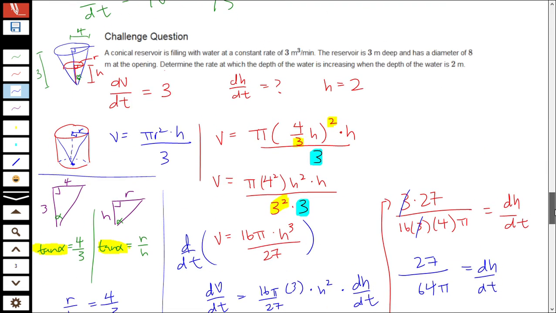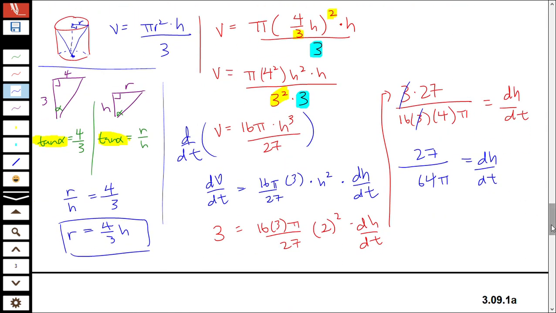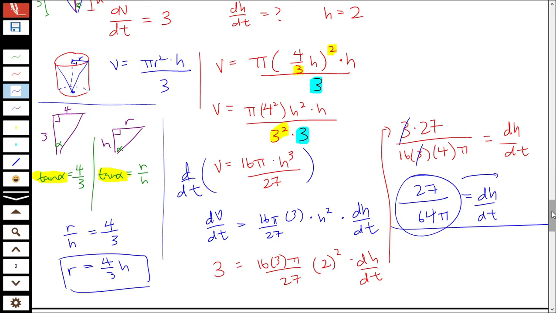And the question's asking, what is dH over dt, or what is the rate the depth of the water is increasing at h equal to 2? And this is what we have. And the units of this would be the height is in meters, and the time is in minutes.